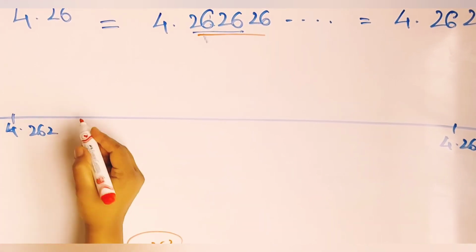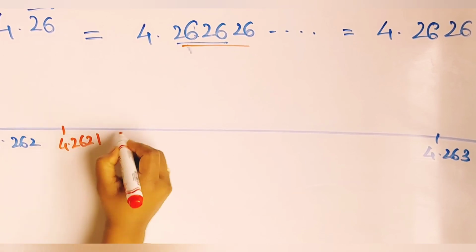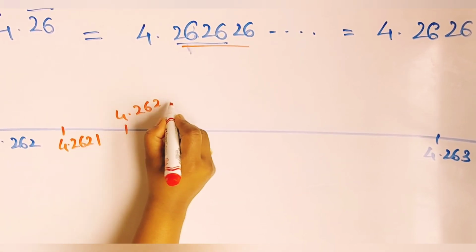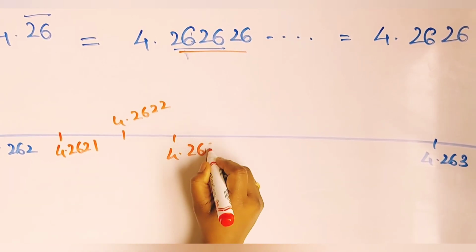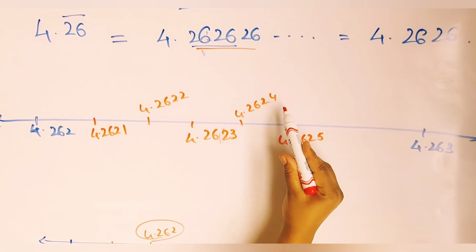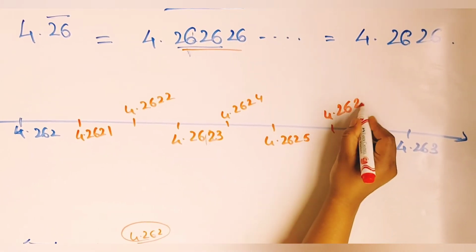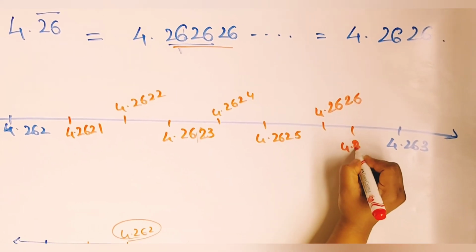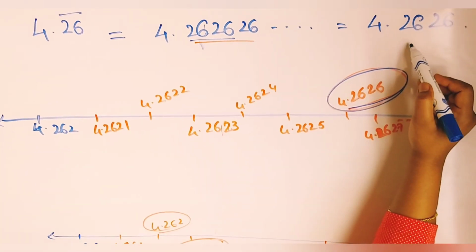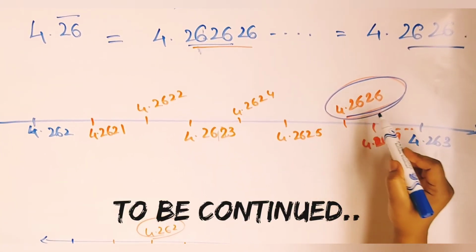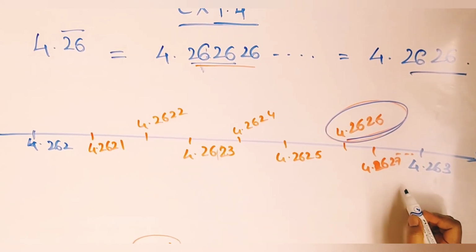Now after 4.262, start writing numbers. 4.2621, 4.2622, 4.2623, 4.2624, 4.2625, 4.2626, 4.2627, so on, 4.263. After the decimal, 4 numbers here. 4.2626. This is the number on the number line, children. Thank you, children.